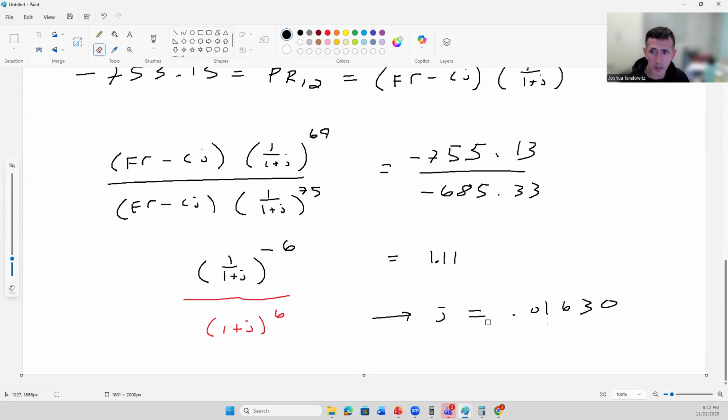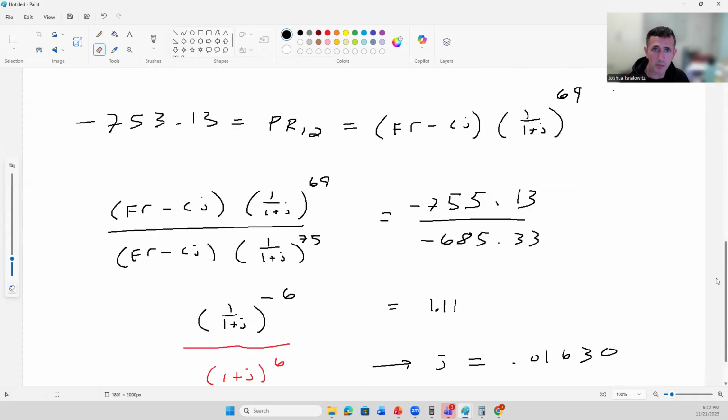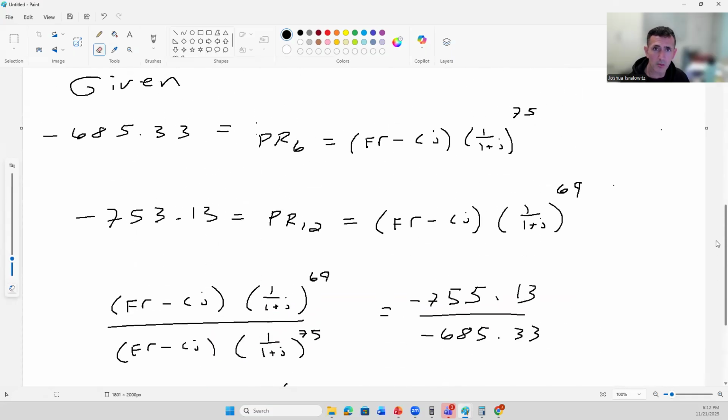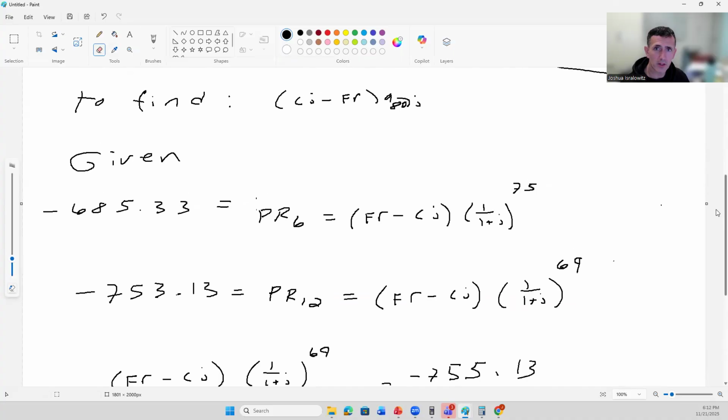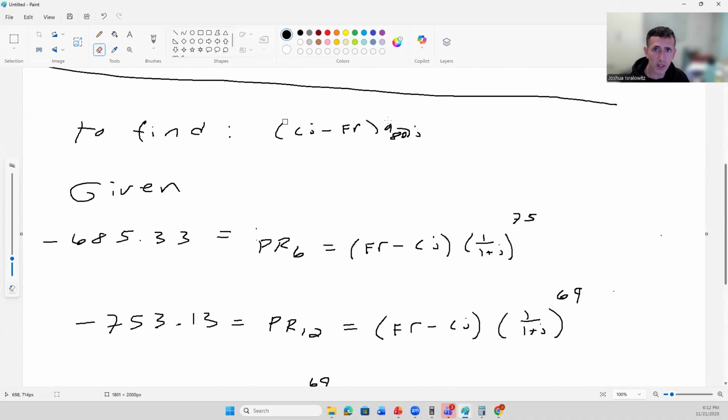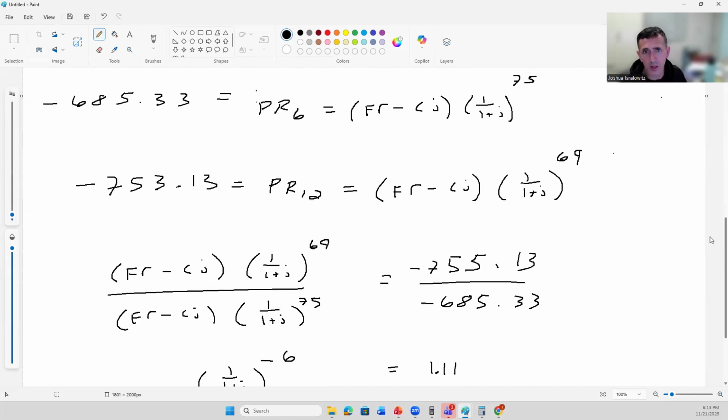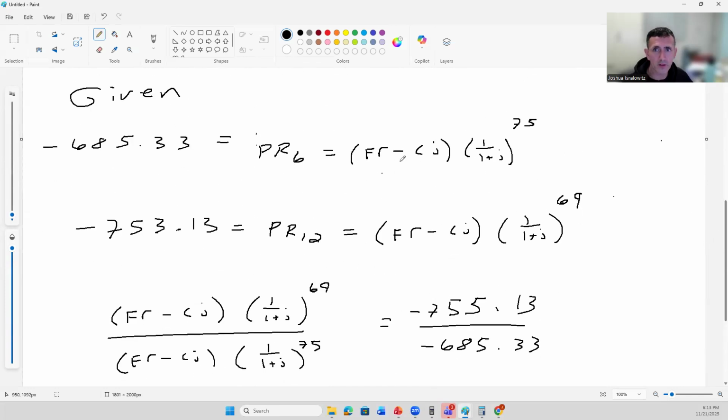So that's my yield rate, and now we're almost done, right? Because what did we need to find? This is what I need to find right here. I know my yield rate now, 0.0163. So now I just need to find CJ minus FR, and we can do that using either one of them.